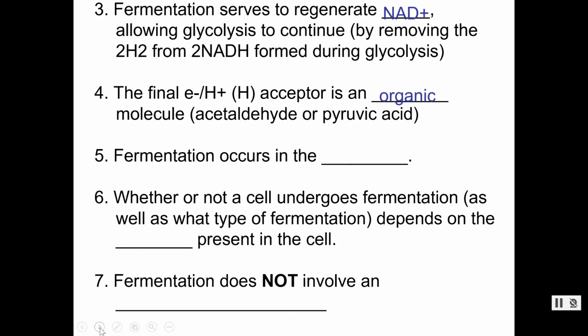That's what makes it fermentation. Fermentation occurs in the cytoplasm. Whether or not you can do it depends on the enzyme. Again, one enzyme, and we could be producing alcohols after a workout. Doesn't work that way. Fermentation does not involve an electron transport chain, and it doesn't make the same amount of ATP.